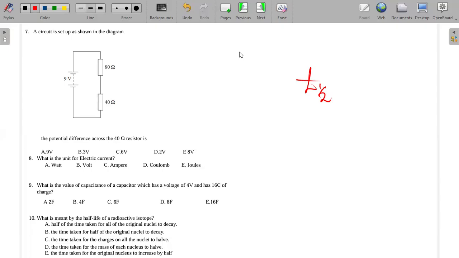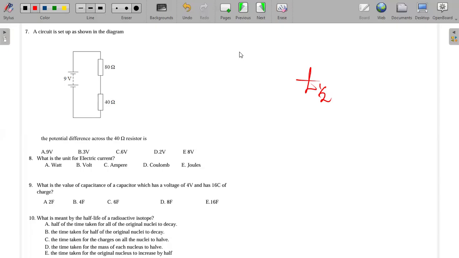It emits radioactive particles, which we call radioactive decay, to become a stable isotope. So we are looking at the time required for half of the original quantity of the radioactive isotope to decay away into a stable isotope. That is the whole concept behind half-life, and also radioactive decay.